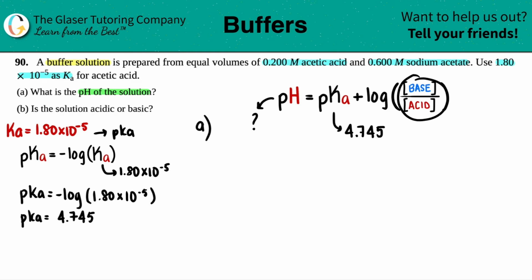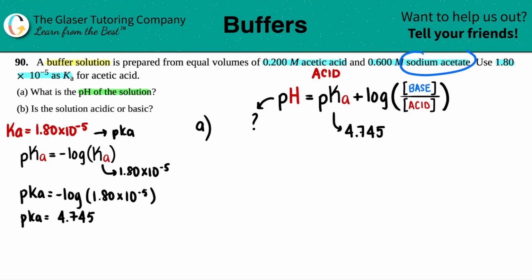Okay, now I need to know the concentration of the base and the acid. It's beautiful because they did give me the concentrations, but we have to figure out which one is the acid and which one is the base. Well, they did say that this was acetic acid, so it's an acid, so this has to be the acid.